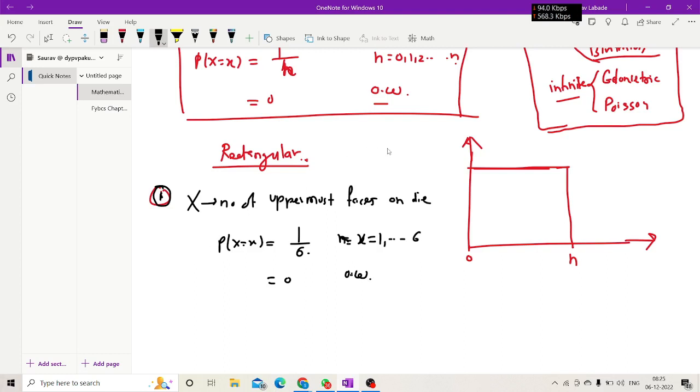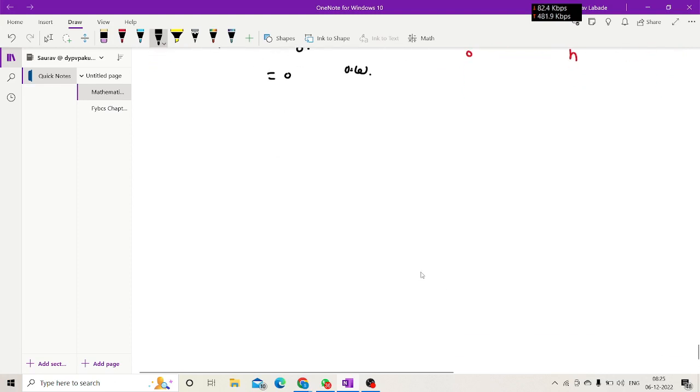So we are discussing the mean and variance of the uniform distribution. When X is following uniform distribution with parameter n, let's try to find the mean.